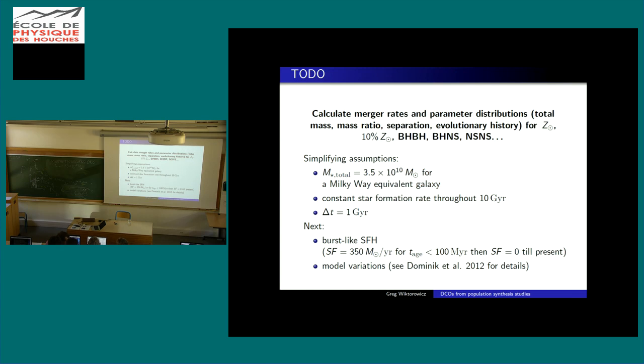Actually, plus should change nothing, but just to have results comparable with all the others, just put minus. And 10 billion years when we put this simple assumption.